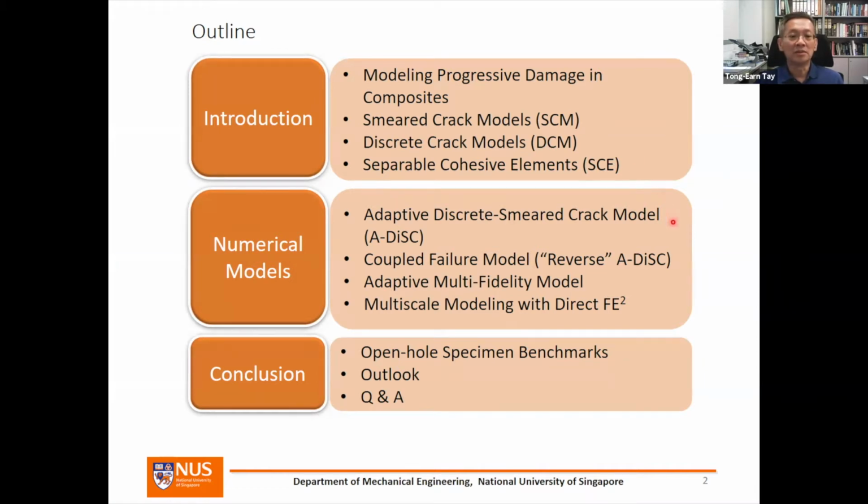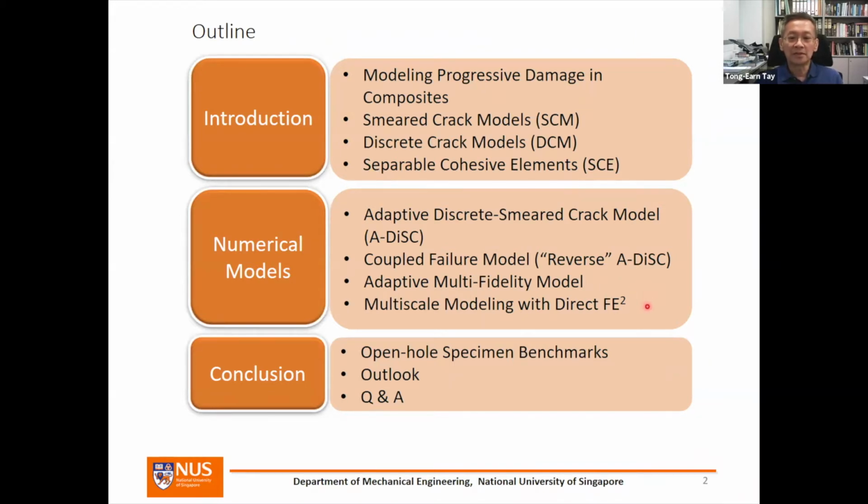And also adaptivity being incorporated into what we call a discrete smeared crack model, or ADISC, and the reversed ADISC, which is termed coupled failure model. And then I will talk about the rationale behind developing an adaptive multi-fidelity model, where only the physics that is required for the damage progression is being modeled faithfully.